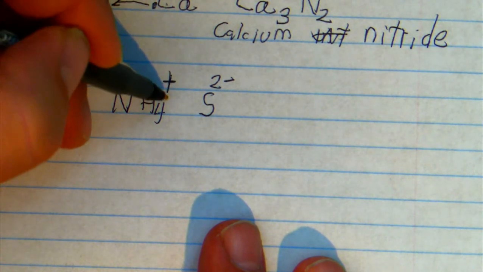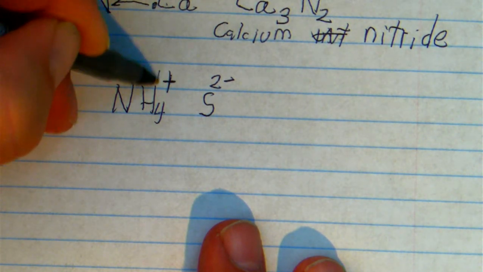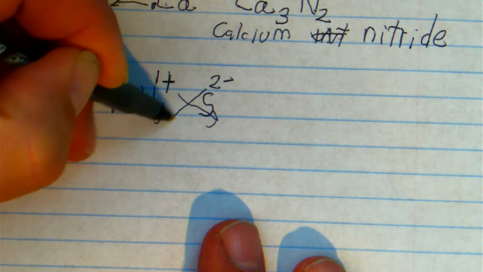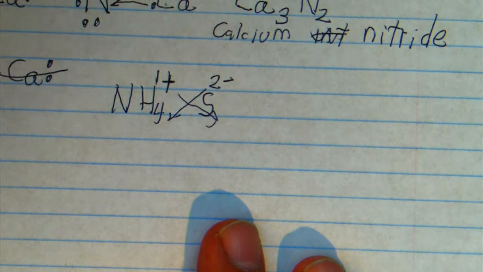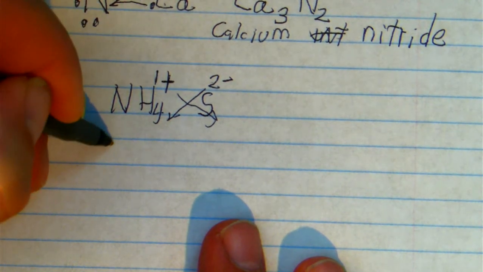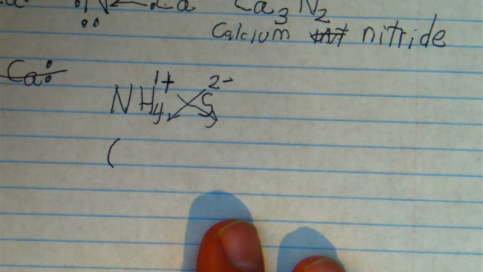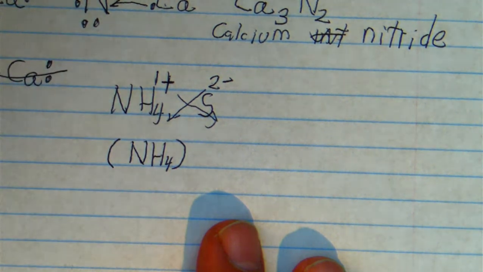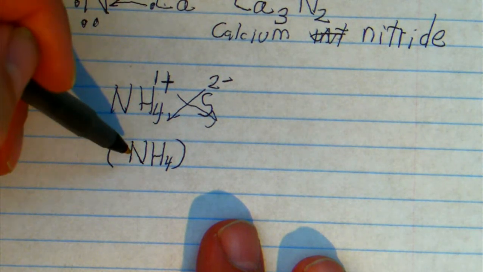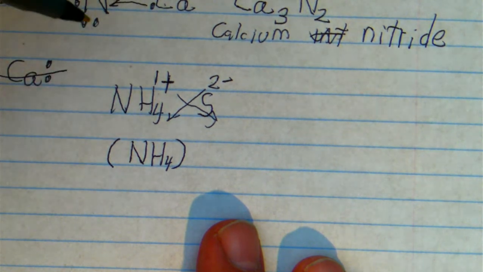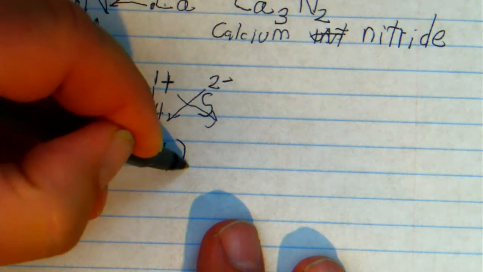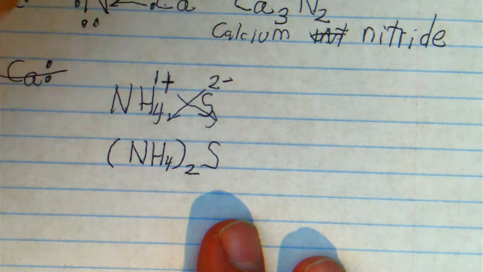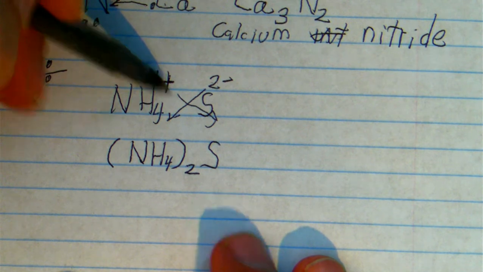So here's kind of a shortcut. If you take the number of plus charges and crisscross them with the number of negative charges, here I have to use parentheses. NH4, close parentheses, because this is one group that cannot be broken apart. Now, subscript 2. For the S, subscript 1, that we don't bother writing.